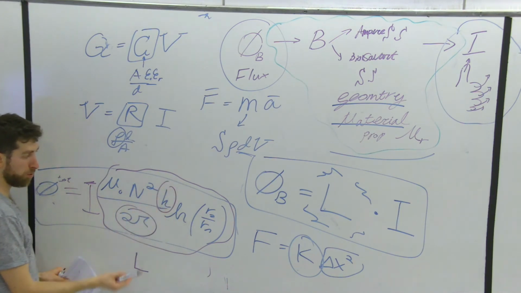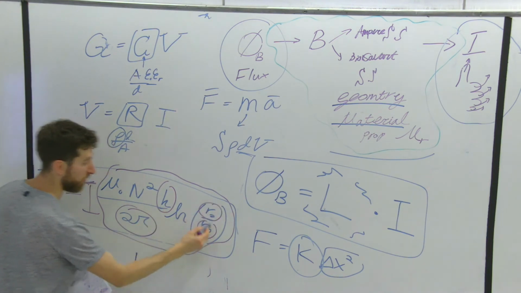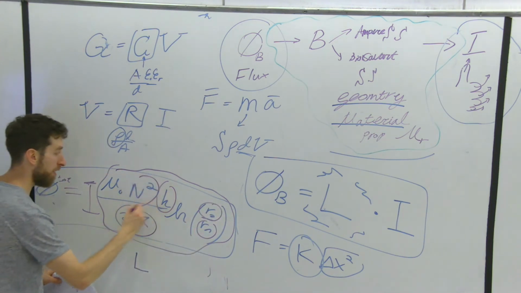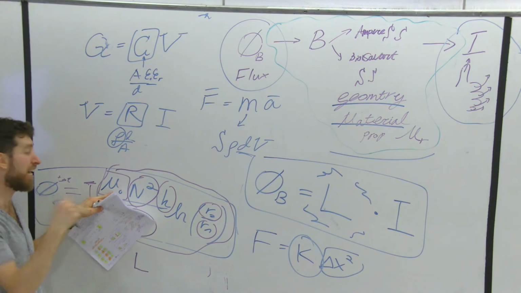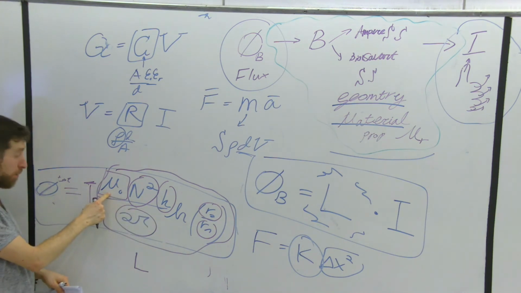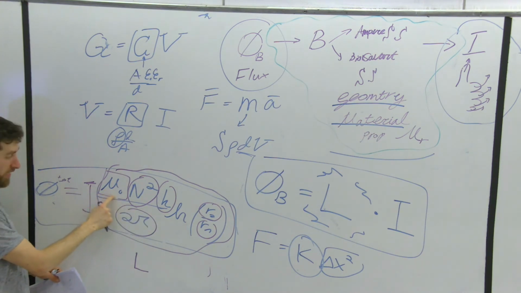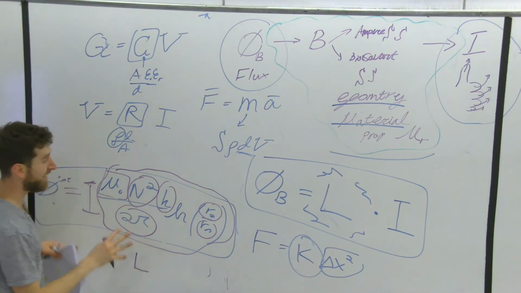It's circular, 2 pi h, the difference between the radii, and how many coils do I have, right? And we have the material property, which material I have inside of the toroid that absorbs the magnetic field. This is, of course, the constant of the vacuum, right? So this is the concept.